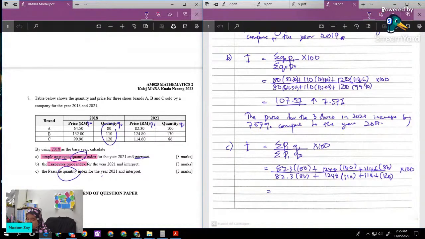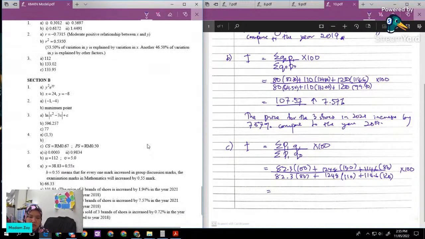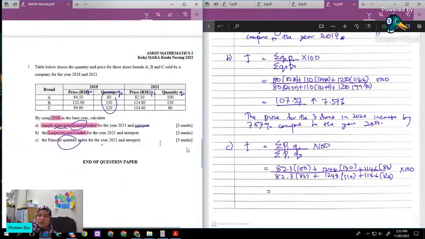Seratus point tujuh dua. Betul ke? Betul lah. Okey. 100.72. Tak ada persen ya, sorry ya.